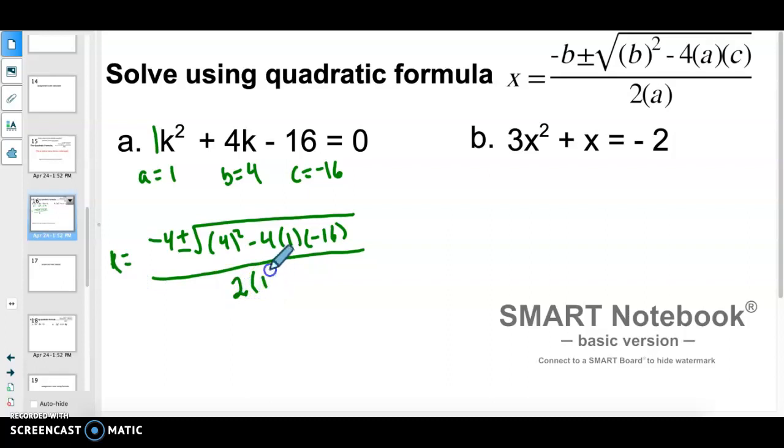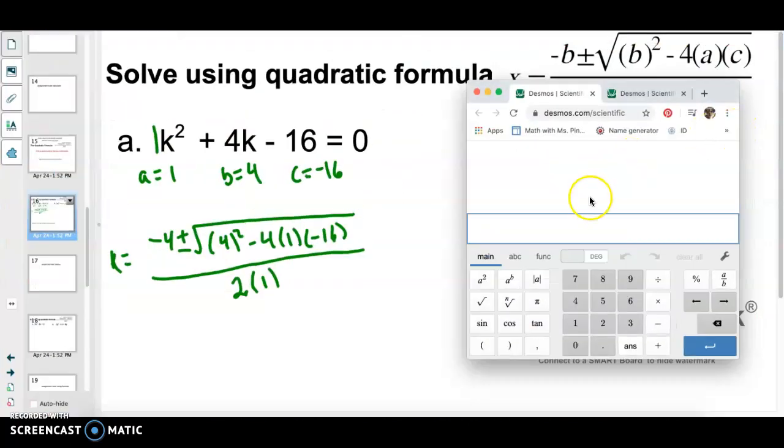And a is 1. So we are going to type this into that calculator that we were just practicing with. I'm going to pull up the calculator. This is why I wanted you to use the fraction button. You're going to click the fraction button, and then we are going to type this in. It'll be negative 4, and then you can't do a plus and a minus at the same time, so you're going to do them one at a time.